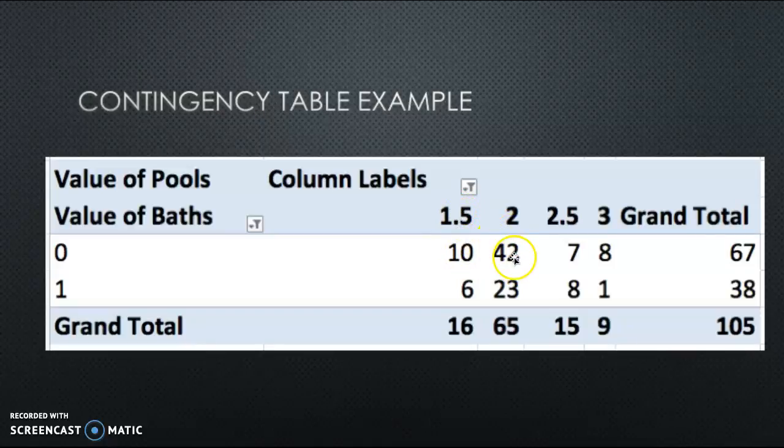There were 42 houses with 0 pools and 2 baths. There were 7 houses with 0 pools and 2.5 baths. And then there were 8 houses with 0 pools and 3 baths. Adding all these up, you get a grand total of 67.